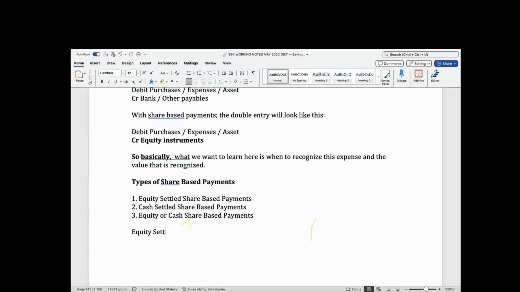So equity settled share-based payments is a transaction where an entity receives goods or services in exchange for its equity instruments.